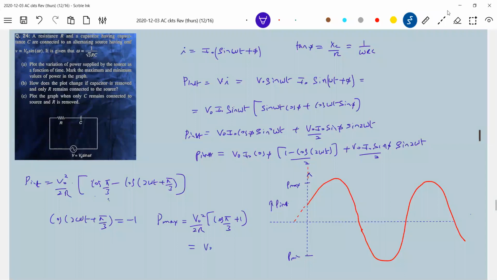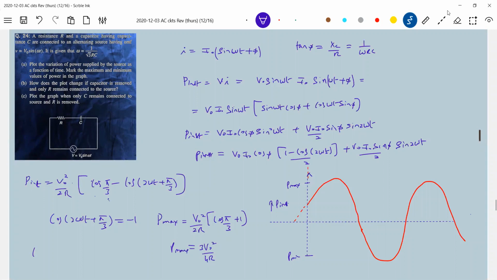So 3 by 4 V naught square by R. Yeah, this is the maximum power.